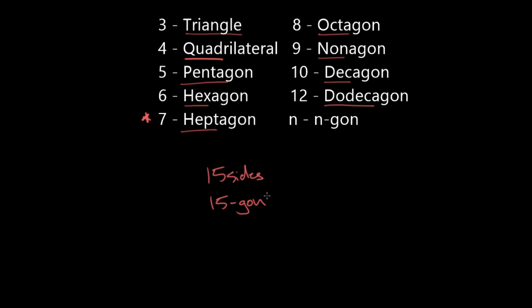Obviously there are names that exist for all of the different shapes that can exist, but we won't know them. So anything greater than 12, but also including 11, we just name by using the number, dash, and then gon.